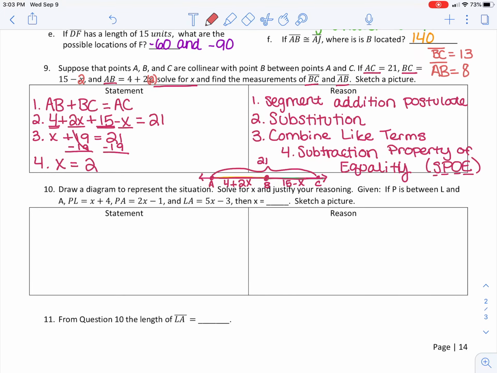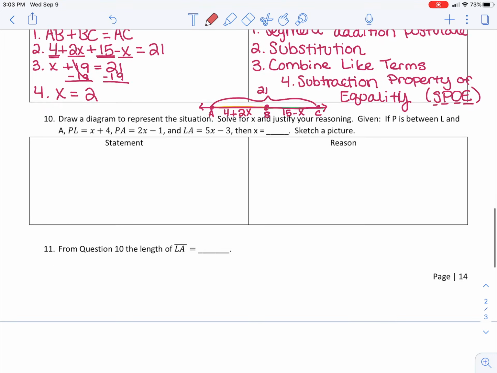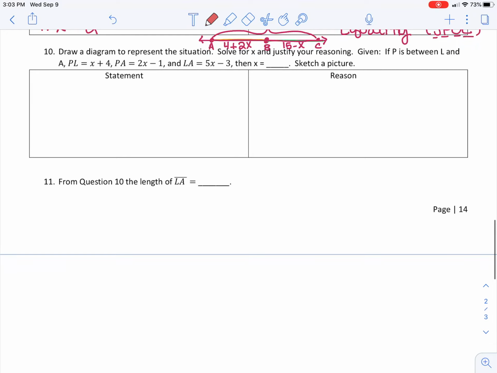Okay, 10. It says draw a diagram to represent the situation. So I'm going to draw a diagram down here by like number 11. And then it says solve for x and justify your reasoning. And you are given if P is between L and A. So I'm going to draw my line.